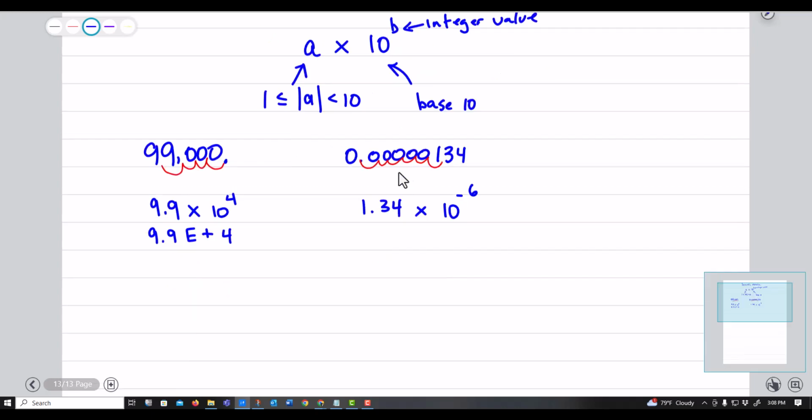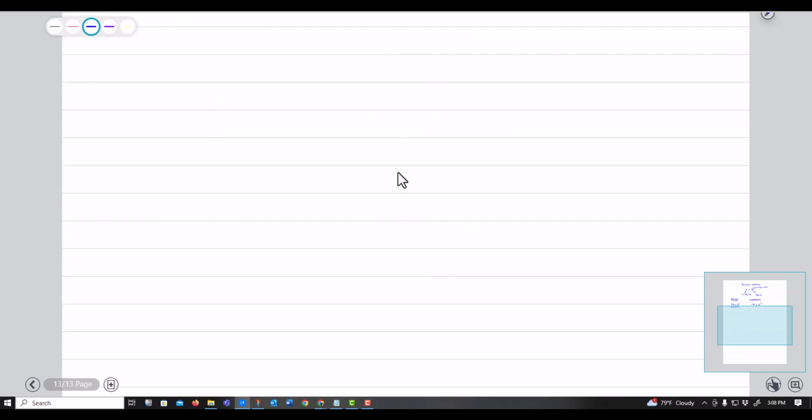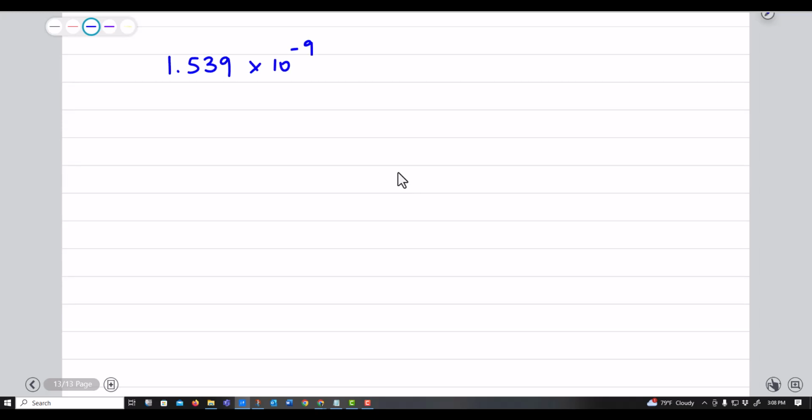And as you can guess, you can go the other way. If I have 1.539 times 10 to the negative 9, a lot of times I'll see students write the answer as 1.539, and it's definitely not that answer. In this case, since the exponent is negative, you're going to move the decimal 9 places to the left.